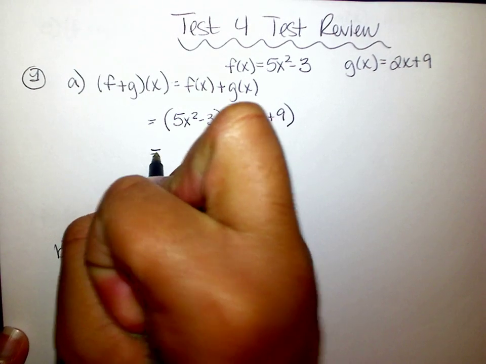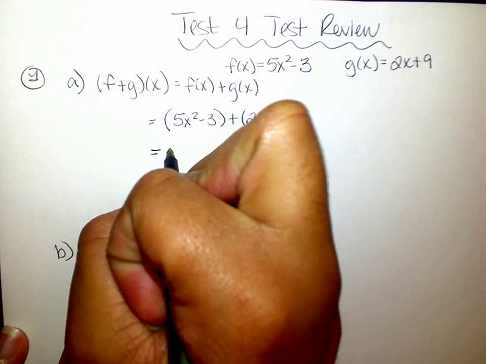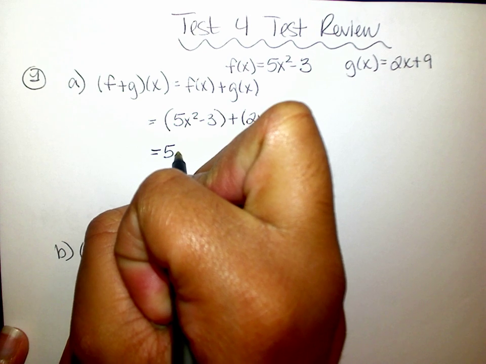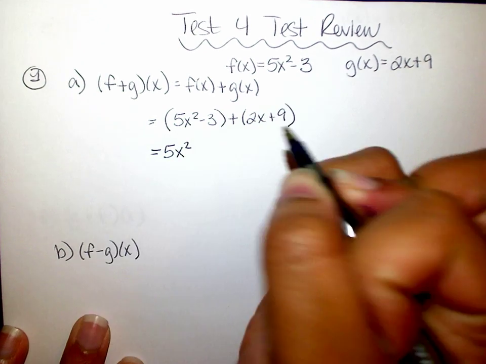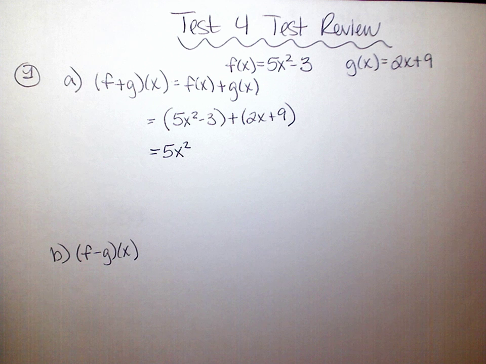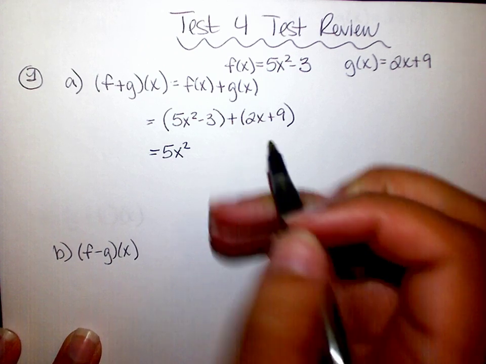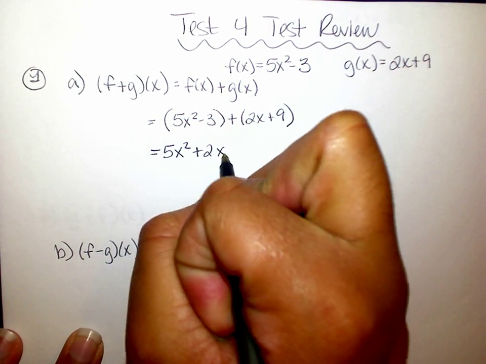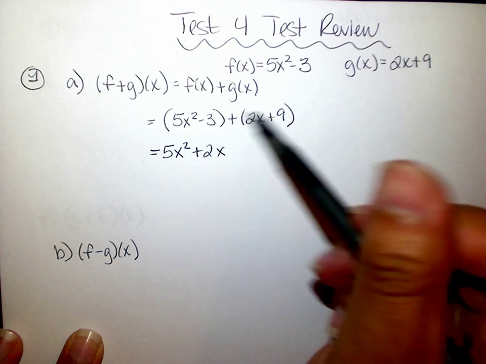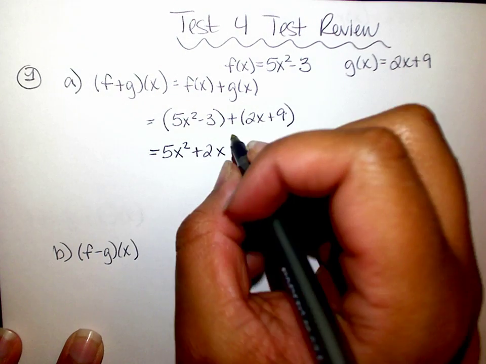So we don't have any other terms of degree 2, so it's just 5x squared plus 2x, and then negative 3 plus 9 is positive 6.